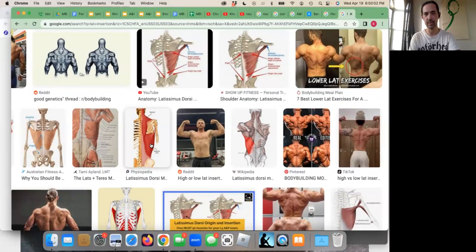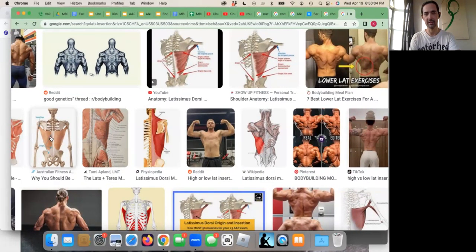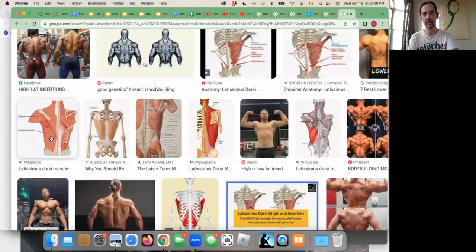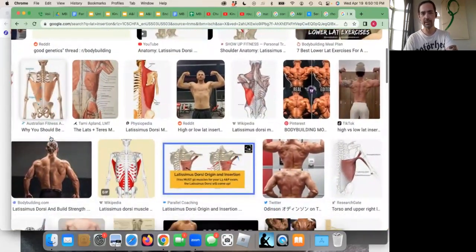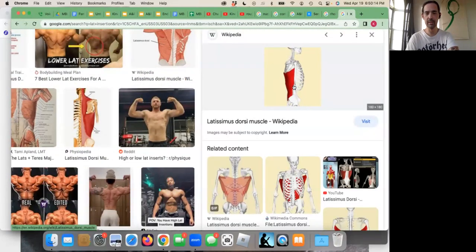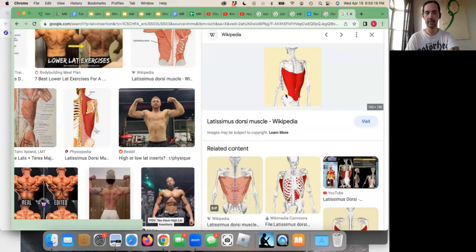Just close that for a second. Okay, we're going to have to go with this one. Wikipedia. Well, would you look at that? Latissimus dorsi.